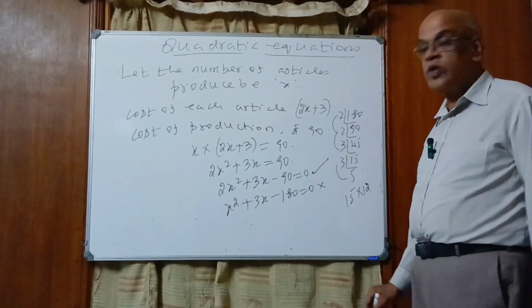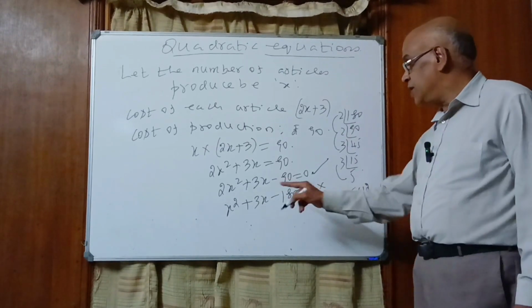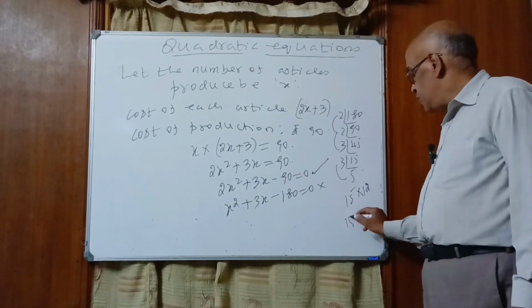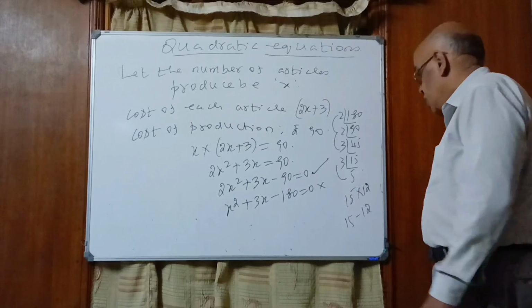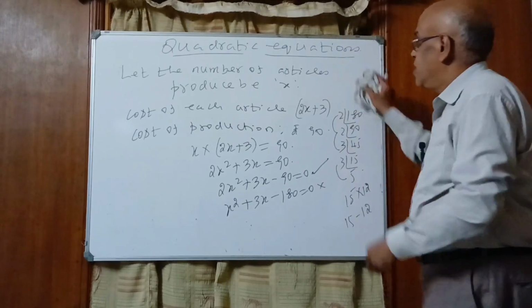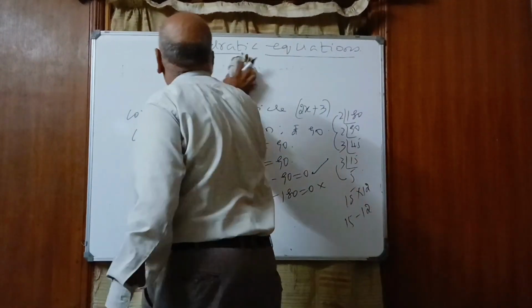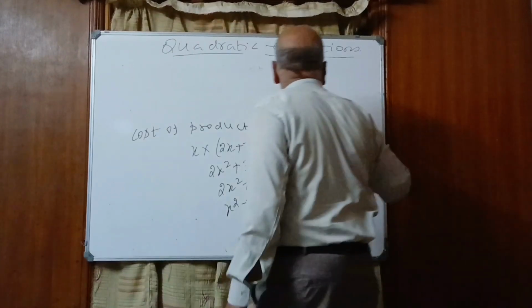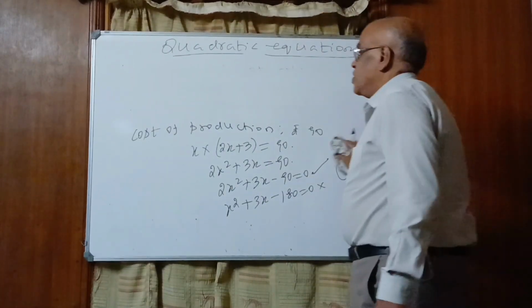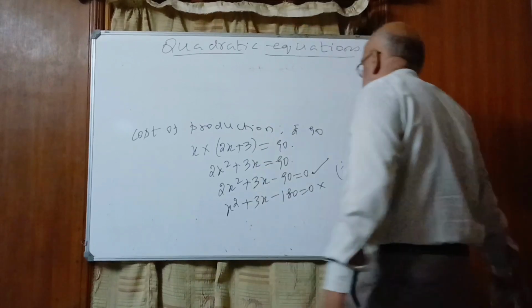We got the two numbers. What sign should 3 get? Plus 3. So I said the bigger number should be plus, 15, and minus 12. Is that it, children? So again, I'll erase these top two lines. It's just confusing. A 4 mark question, not difficult, very easy but confusing.